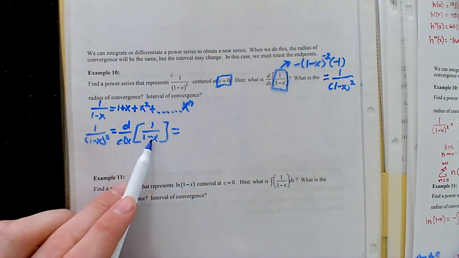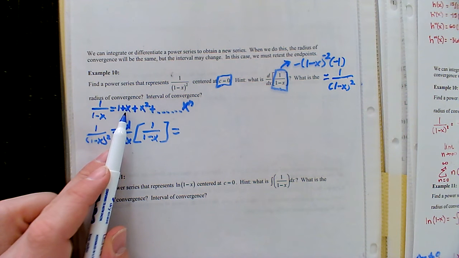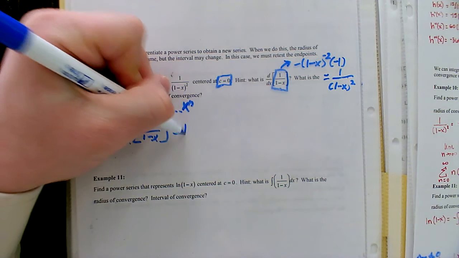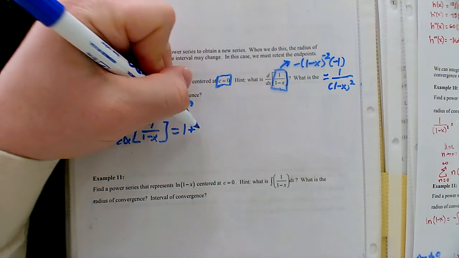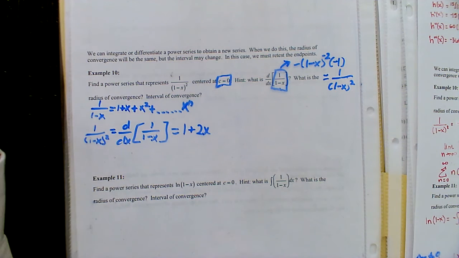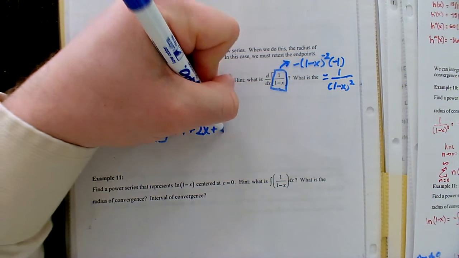Again, I'm taking the derivative of the one I have memorized. So what's the derivative of 1? 0. Is that a non-zero term? No. So we can't include that one. So let's go to the next one. Derivative of x: 1. Derivative of x squared: 2x. Plus x cubed, derivative of that: 3x squared.